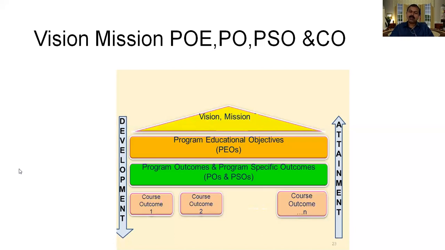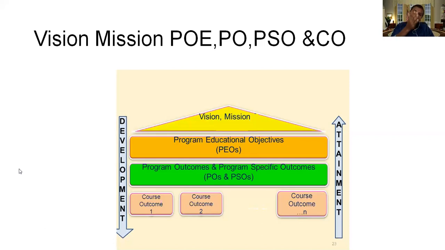We need to design the courses and teach the students in such a way that by studying these courses, our students will achieve the program outcomes and program specific outcomes, then the program educational objectives, and finally the mission and vision statements. So we need to clearly define what the students will be getting after taking all these courses, what they will be demonstrating. On the left side, we can see the development phase.